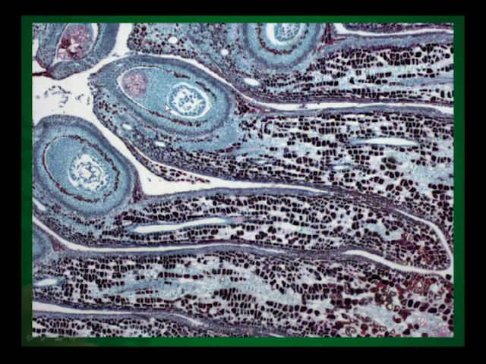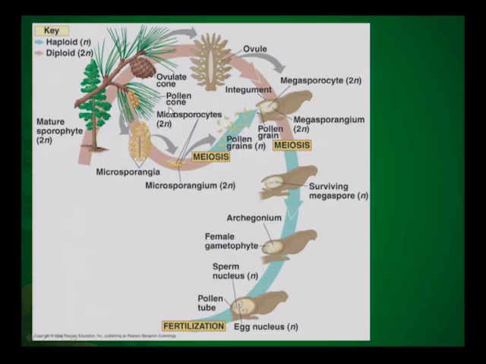So again, we've got pollen grains that have been scattered into the wind, and we have an ovum, which is at the base of a scale of a cone. In fact, every scale of the cone will have an ovule that contains the megagametophyte and an ovum within. So somehow the pollen grains have to get to that and fertilize the ovum within the ovule. When they carry the pollen, this female cone, the megastrobilus, is initially sticky, so the pollen grains will stick in that.